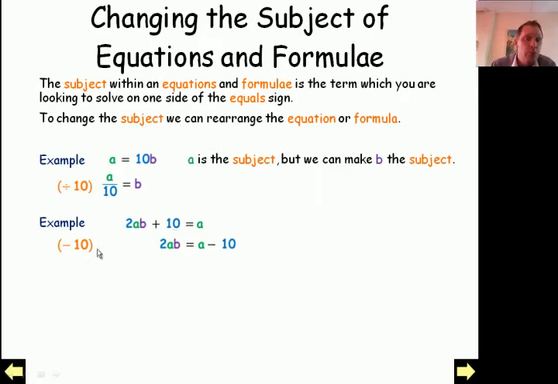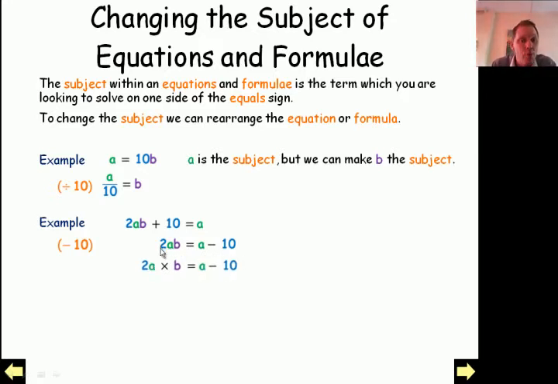So we could subtract 10 from both sides, or some of you may take this over to the other side, and when it crosses the equal sign, the sign becomes the opposite. So a positive will become a negative, negative becomes a positive, and division will become multiplication, and so forth. So taking this over to the other side it becomes negative 10. So I've got 2AB equals A minus 10.